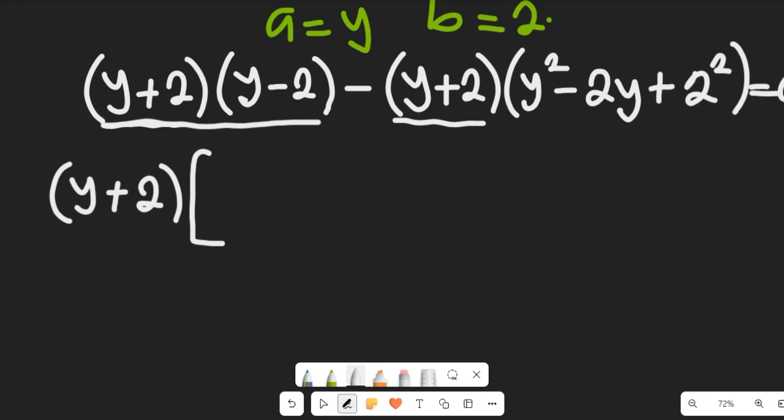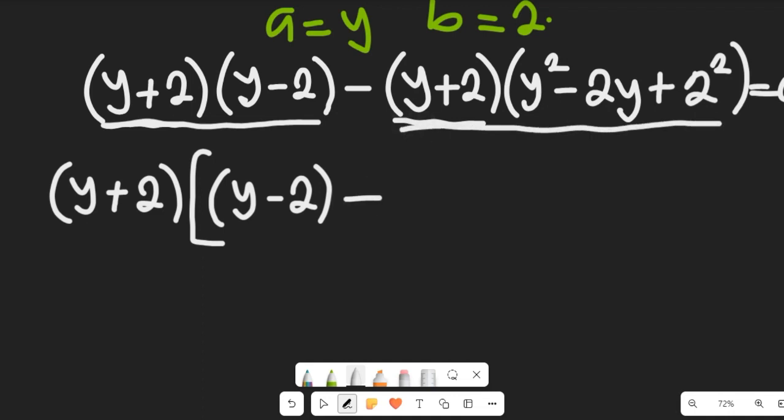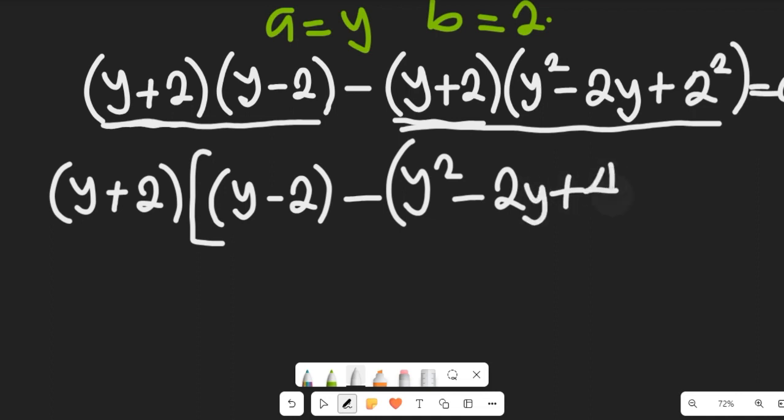So if we divide this whole part by y minus 2, we're going to have y plus 2 remaining, and this will be minus. Dividing this whole part by y minus 2, we're going to have y squared plus 2y plus 4 remaining here, and all these will be equal to 0.